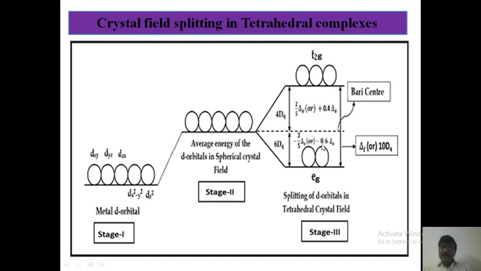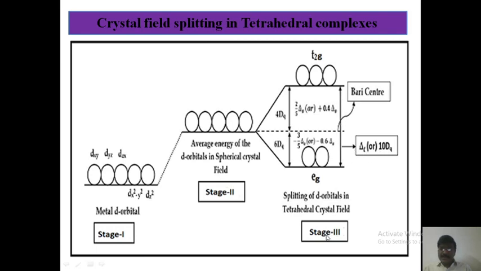Eg orbitals energy is minus 0.6 delta T, T2g is plus 0.4 delta T. That means increasing by 0.4 delta T, decreasing by 0.6 delta T units. Totally, CFSE is delta T or 10 Dq.